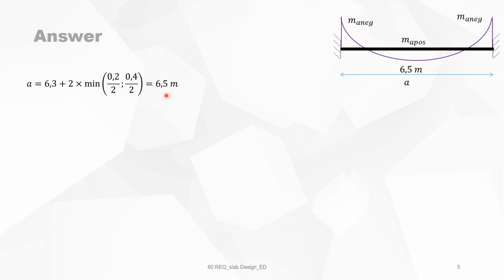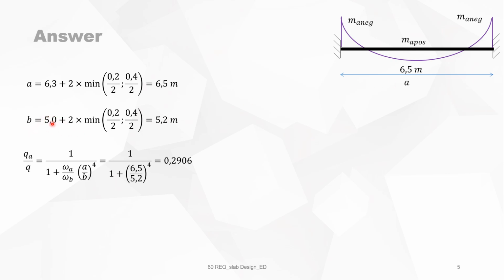So this is here 6.5 meters. That's where this is pointed out as 6.5 instead of 6.3. In the B direction, we got 5 meters plus 2 times, again, the minimum of 0.2 divided by 2 or 0.4 divided by 2, which gives you 5.2 meters.